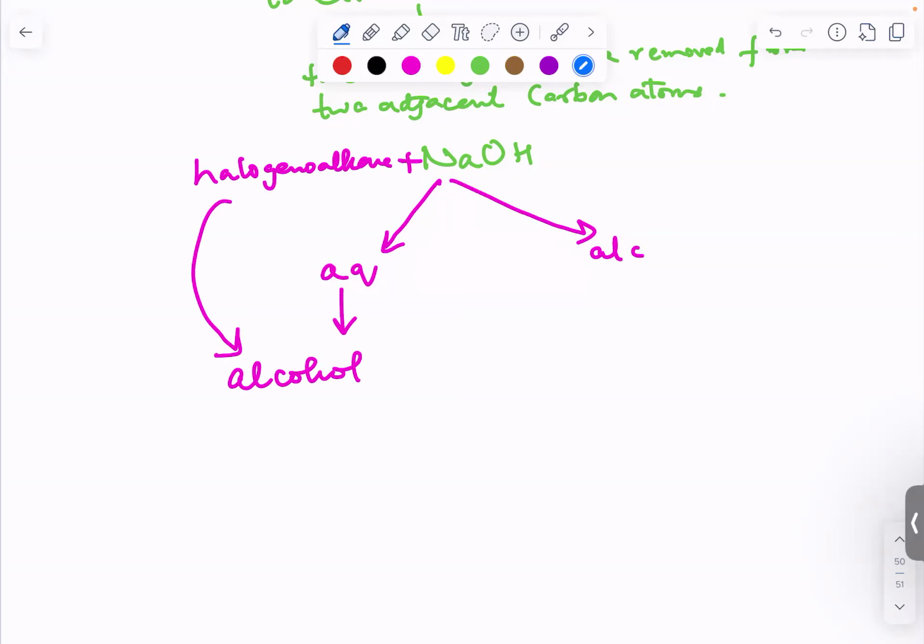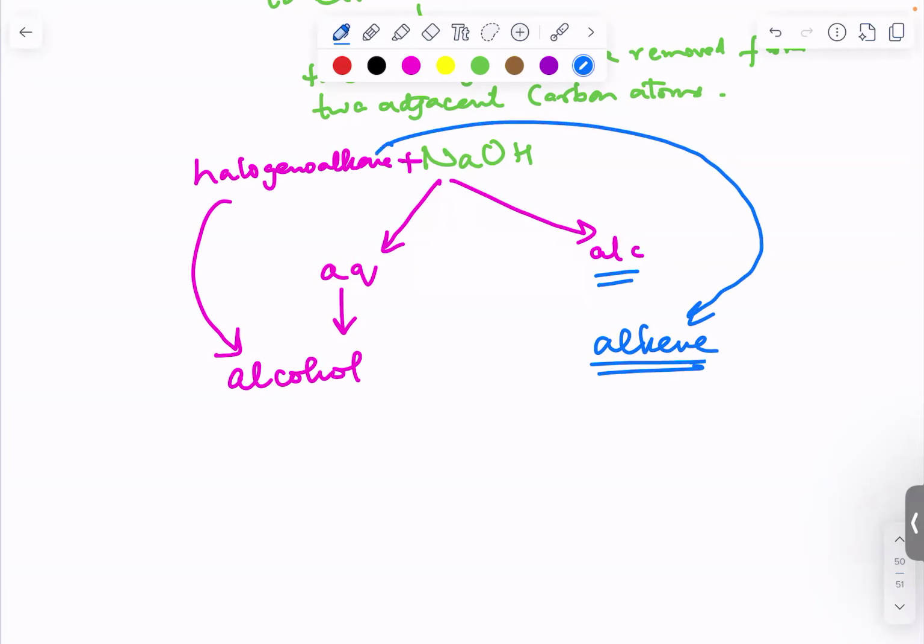If you use alcoholic NaOH, you get alkene, so halogenoalkane is converted into alkene. This is very, very important. This reaction is the hot favorite reaction of the examiner.